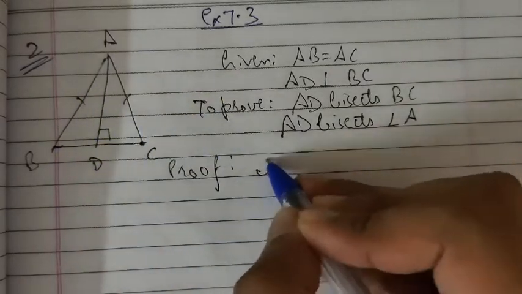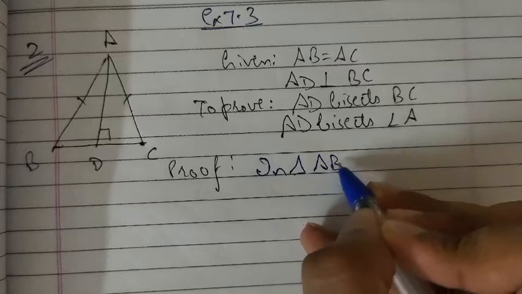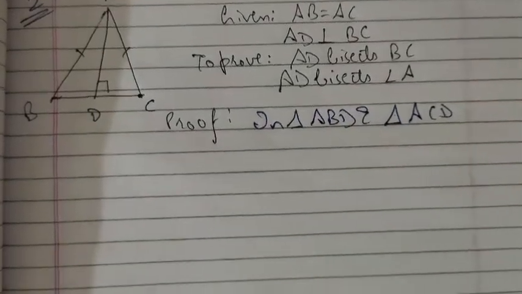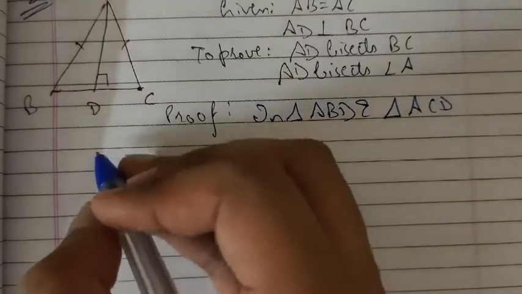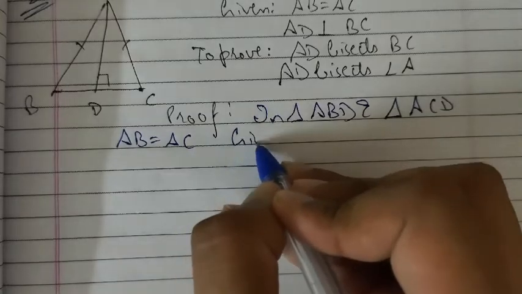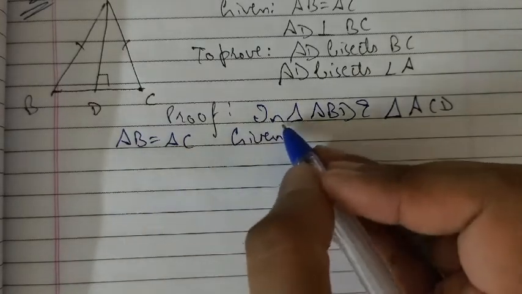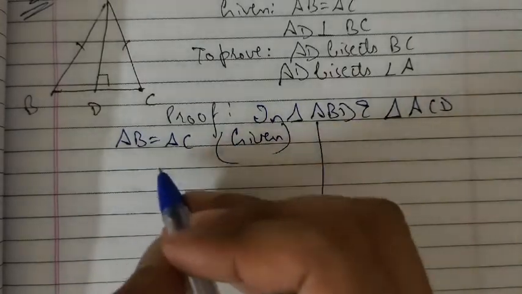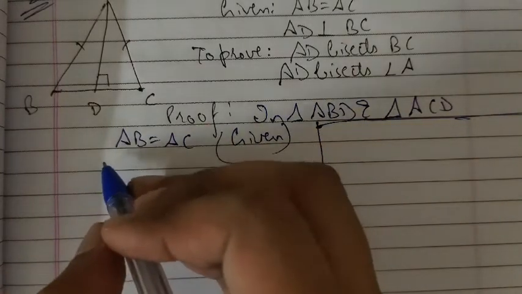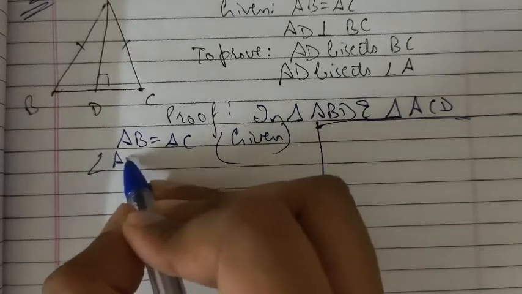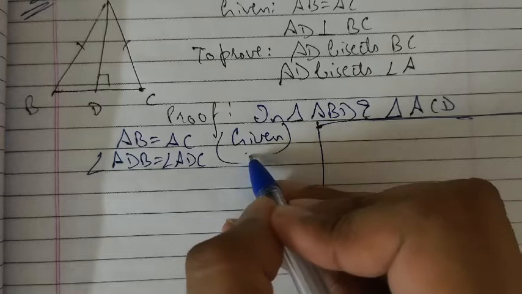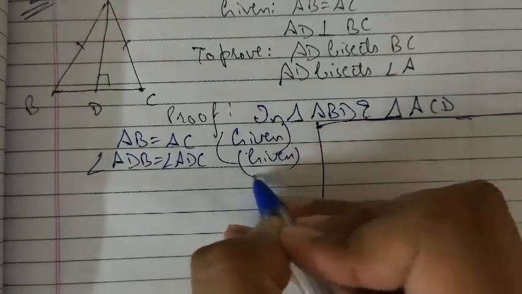So let's say in triangle ABD and triangle ACD, what do we have? We know that AB is equal to AC, given, right? And also this angle ADB is equal to angle ADC. This is also given, right?